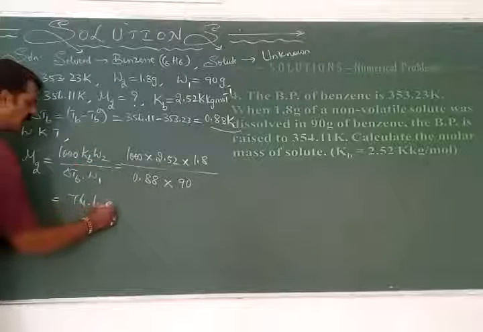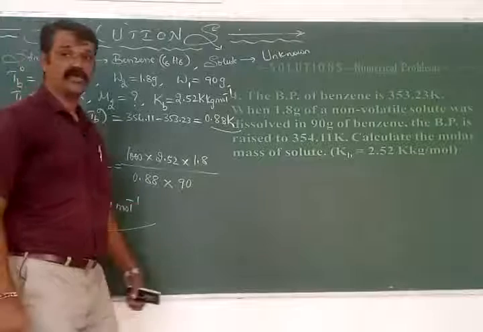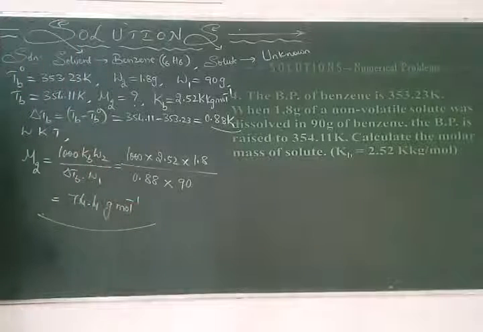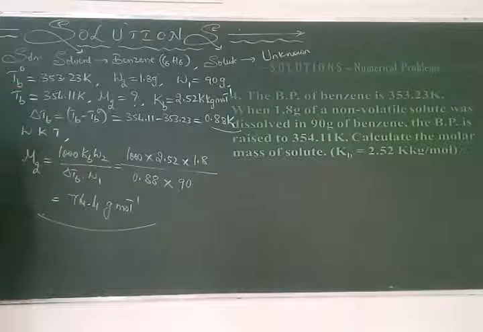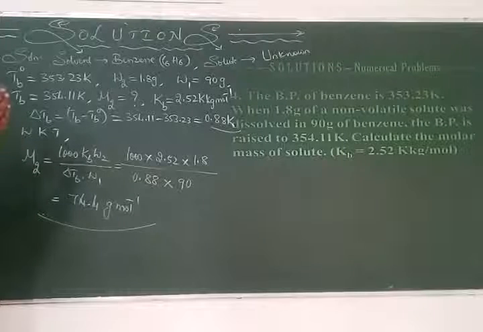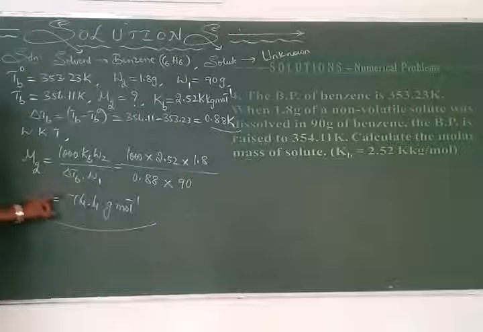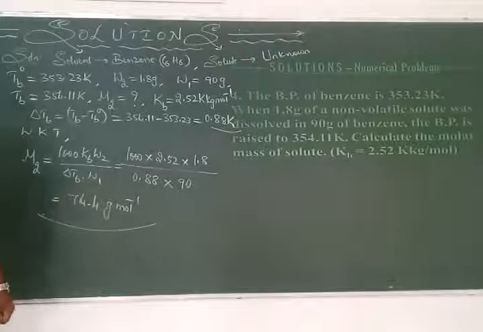As it is a molecular mass, it is gram per mole. This is the molar mass of the non-volatile solute, whose name is not known, because it is just given as a non-volatile solute. So M2 is equal to 74.4 gram per mole.